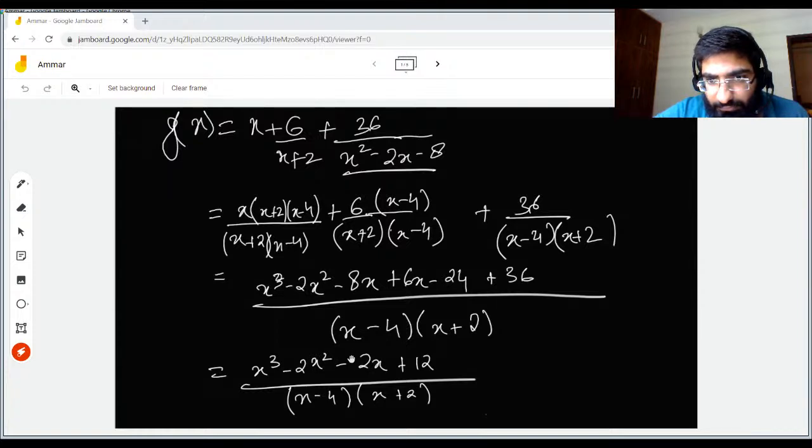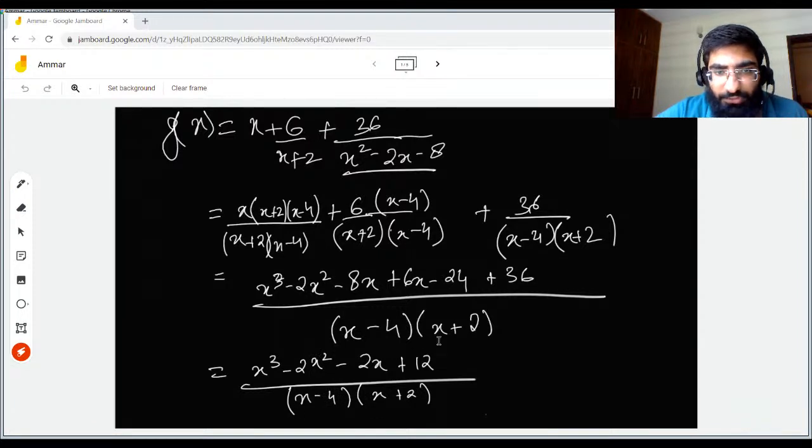The thing is, we are dividing with two things, right? Is it easier to do with long division, or is there a better method? I mean, we could use factor theorem as well. That would be easier. All right, we do it with factor theorem.